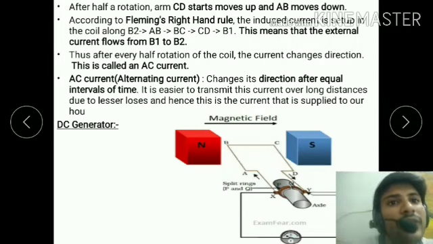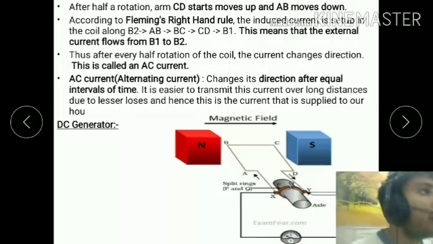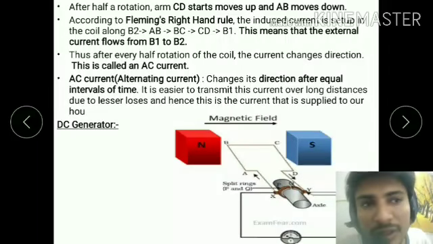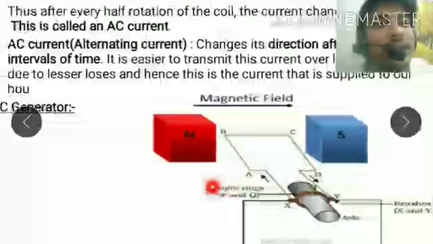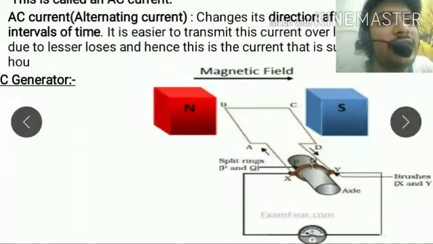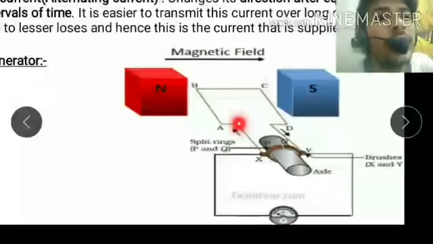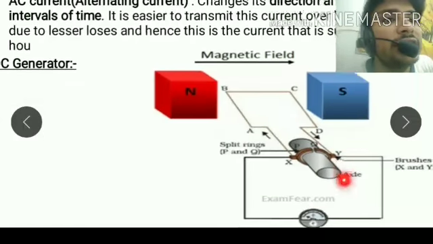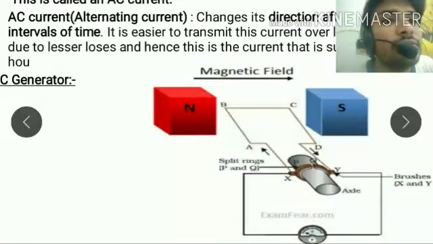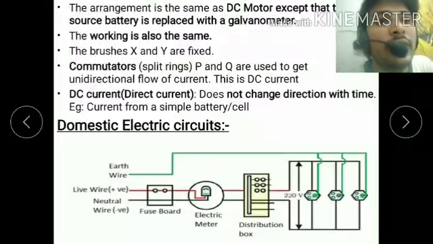Now DC generator. I again want to tell you, see the diagram, see the working process and see the structure. Now DC generator is the same phenomenon. This is the rectangular coil, magnetic field north pole and south pole, and this is the brush and split rings, and galvanometer.